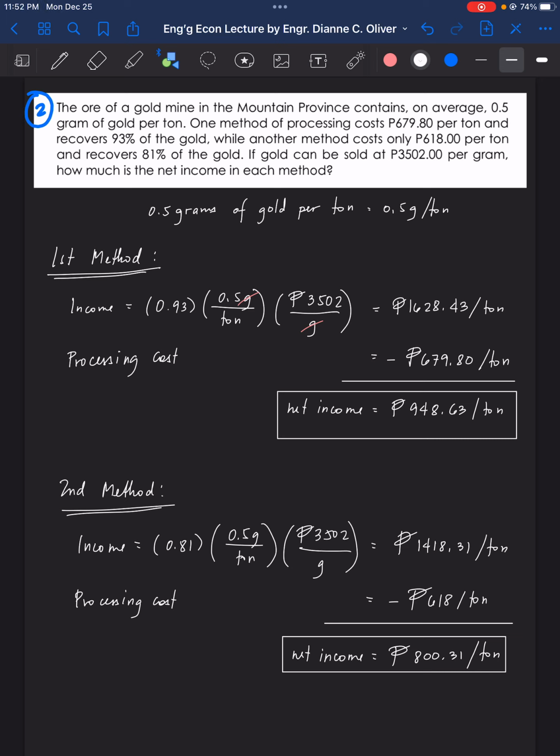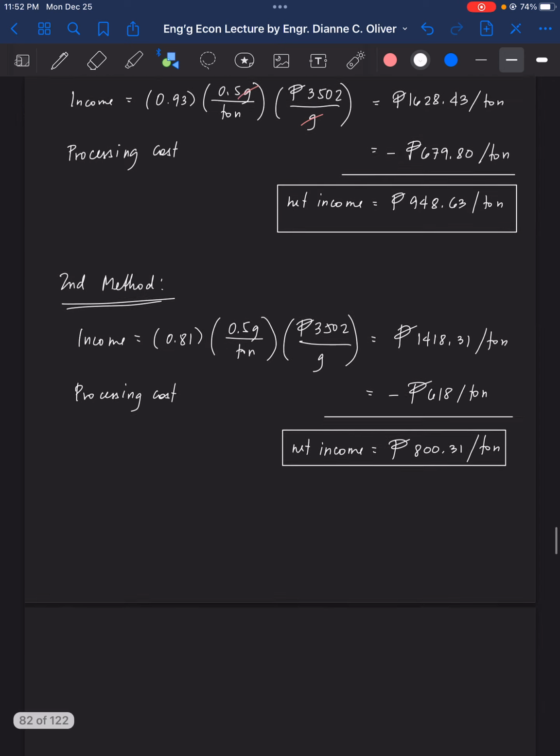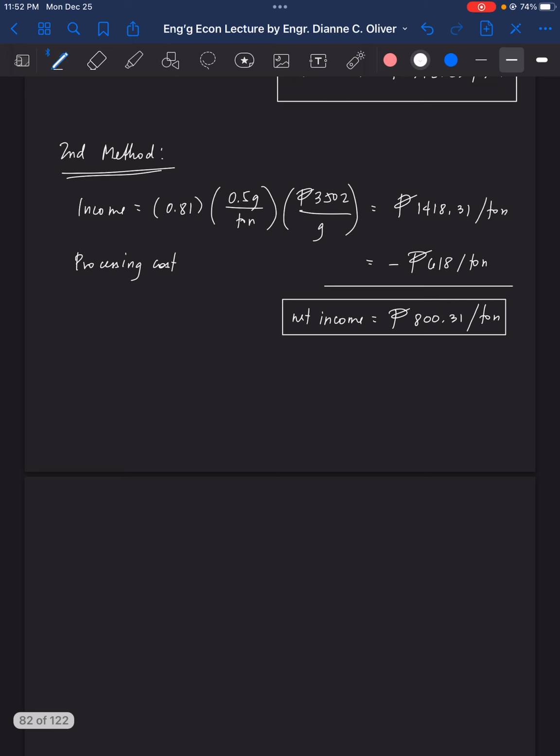So if you're going to choose which alternative you're going to use, of course, the one with the higher income, which is the first method. So there's another method here that you can use if we are going to consider it as per gram. So there's another solution, so we have here first method.